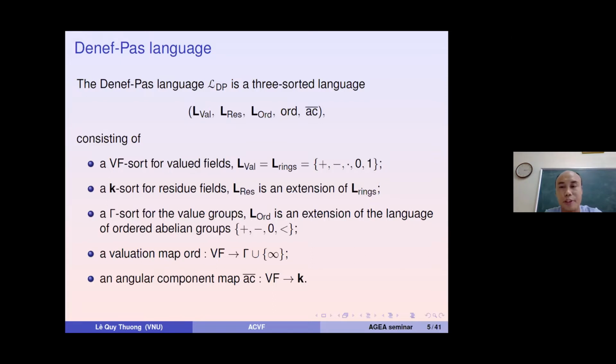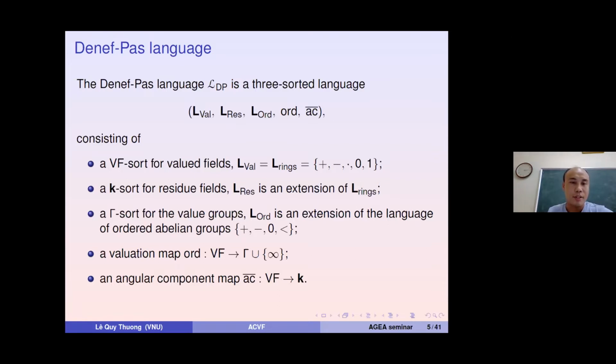The language of rings consists of the symbols plus, subtraction, multiplication, and two constants 0 and 1.